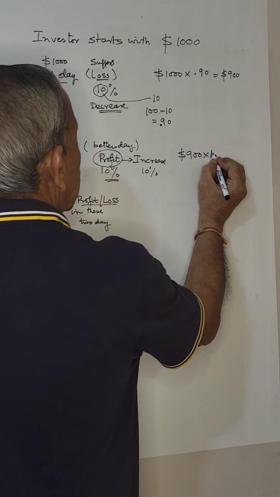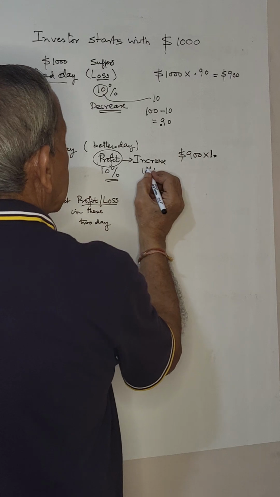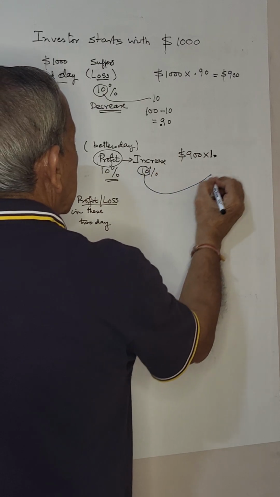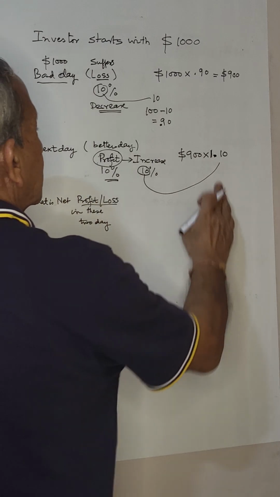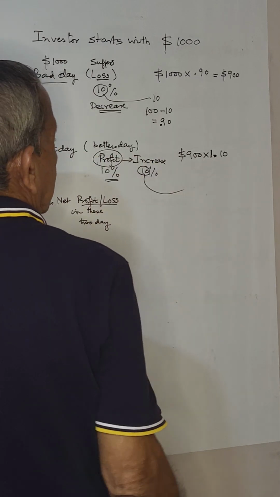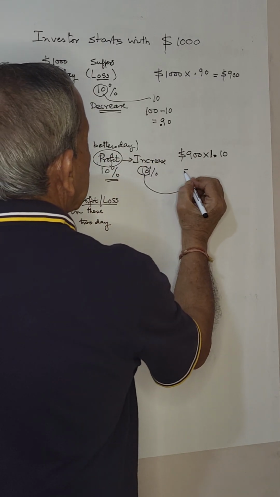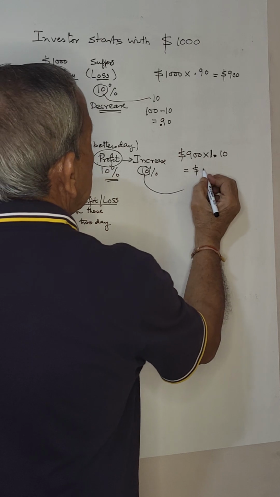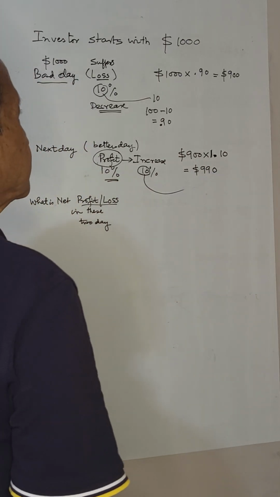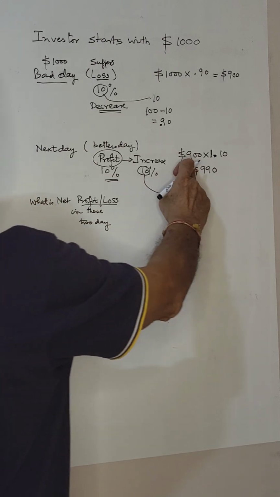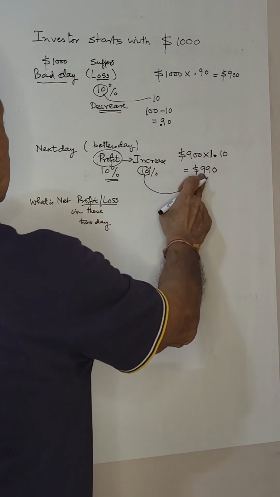Whenever there is an increment, you have to write 1 point and then this. This will be the amount after the day. In the evening, you will get $990. 900 into 1.10 is 990.